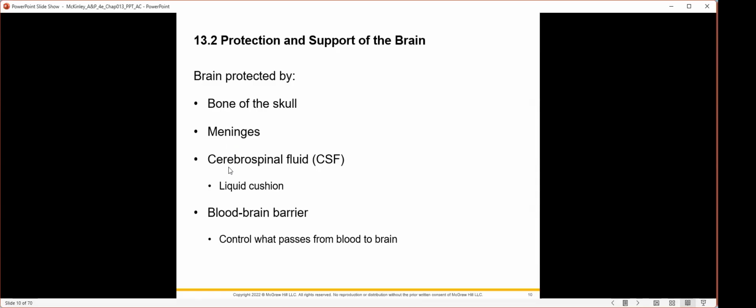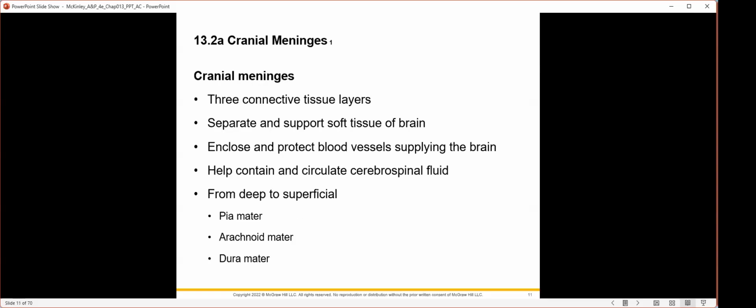In addition, we also have cerebral spinal fluid, which is cushioning and nutritive to brain tissue. And we have the blood-brain barrier. If you remember, one specific cell from our neuroglia category helps us with our blood-brain barrier, and those are astrocytes, which we'll mention again.